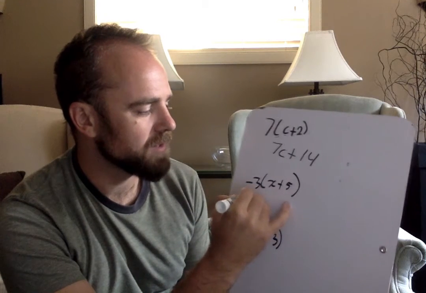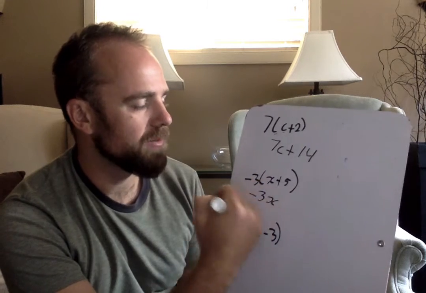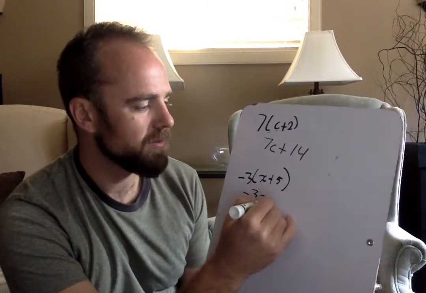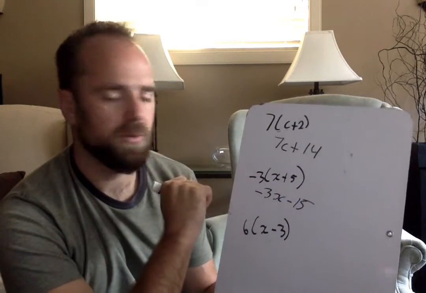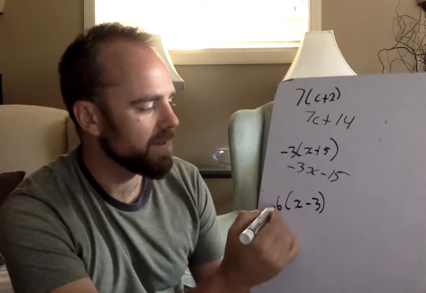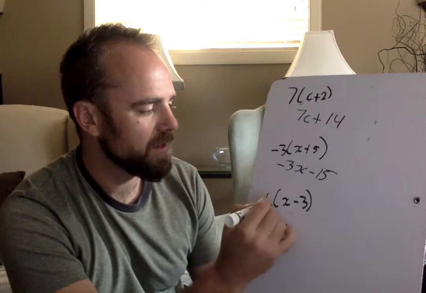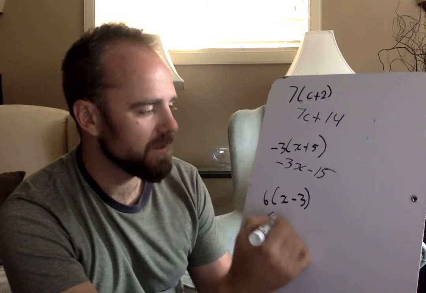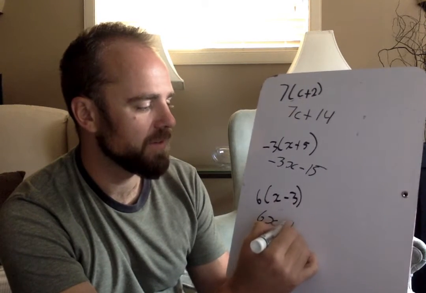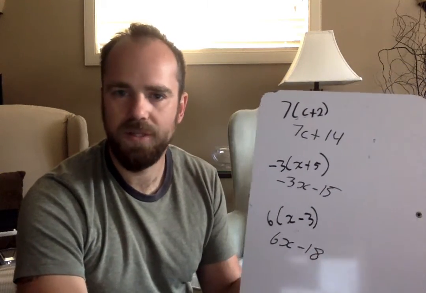Negative 3 times x gives me negative 3x, and then negative 3 times positive 5 gives me negative 15. So negative 3x minus 15. In this last one, I have 6 times x, so 6x, and now I have a negative 3 times 6, which is negative 18. Those are your answers for those ones.